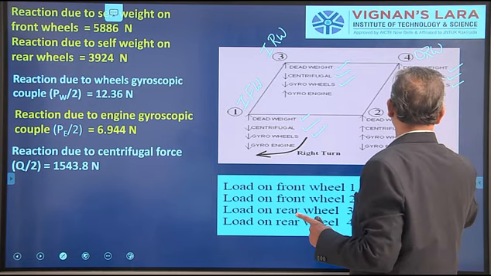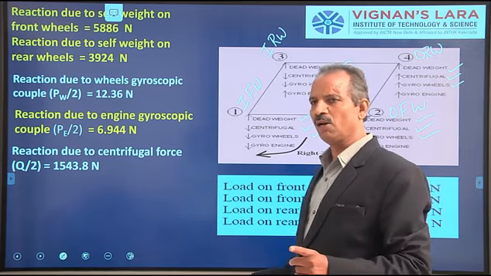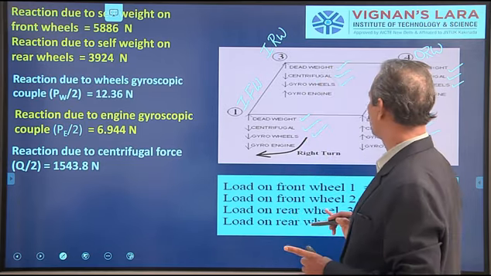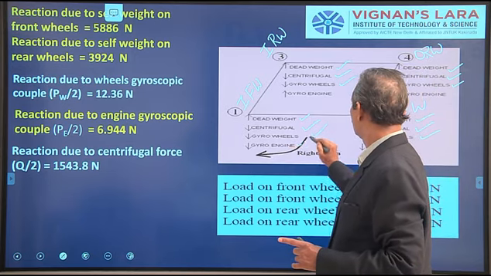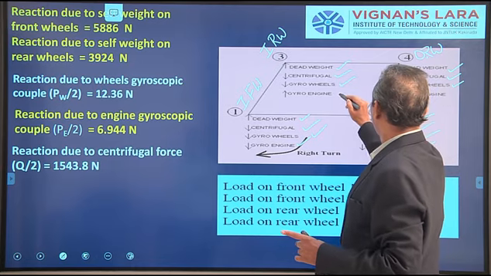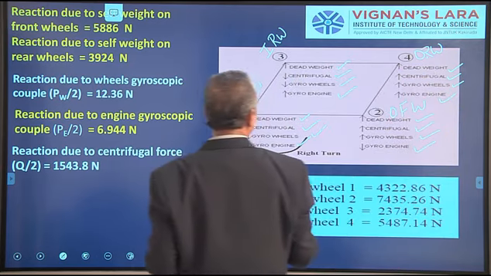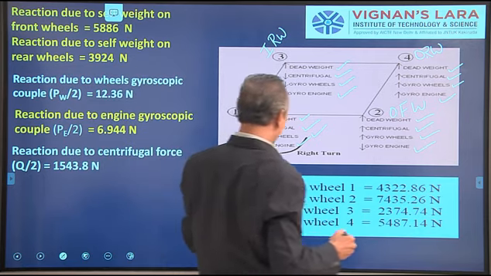Then on the outer it is upward. Just now we have finished the analysis of engine gyroscopic, where front wheels are downward and rear wheels are upward. Okay, so these directions I have summarized.